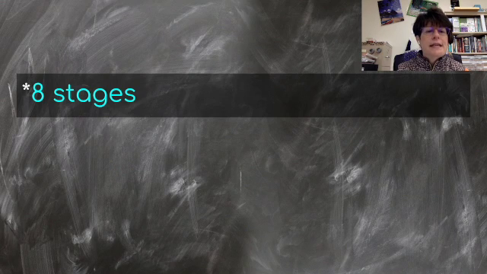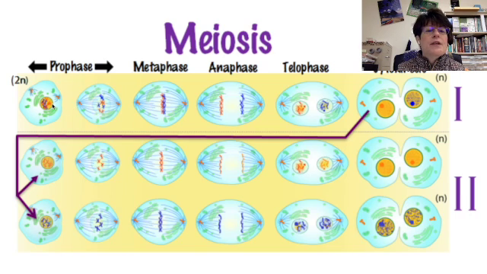And there are 8 stages. As we can see, there's a prophase 1, metaphase, anaphase, and telophase 1, and then there's prophase, metaphase, anaphase, and telophase 2. Now, one thing I want to point out is during the first stage of meiosis here, notice this metaphase is different in how they line up. Here, instead of them lining up like mitosis, where they're all lined up in a line and the sister chromatids are separated, here you have the homologous chromosomes.